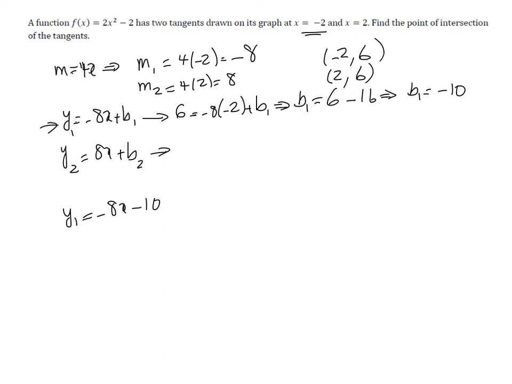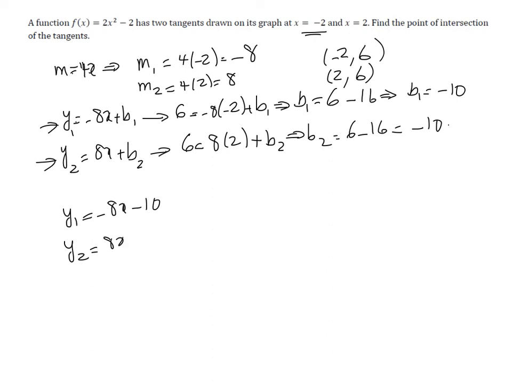So if I put it back in this equation, I get 6 is equal to 8 times 2 plus b2. So from here I get b2 is 6 minus 8 times 2, which is 16, so it's going to be -10. So the second equation becomes y2 is 8x minus 10.